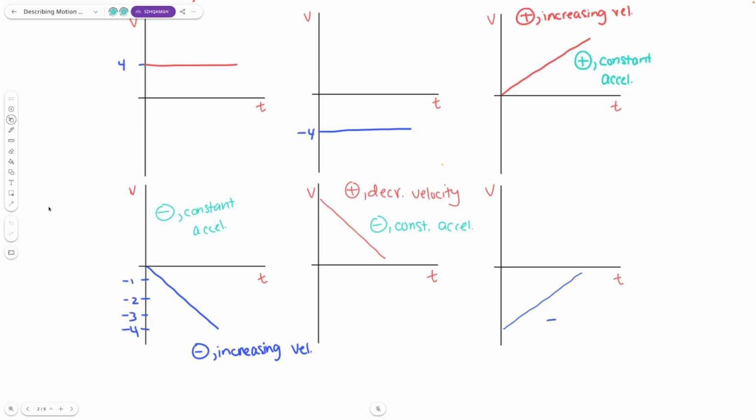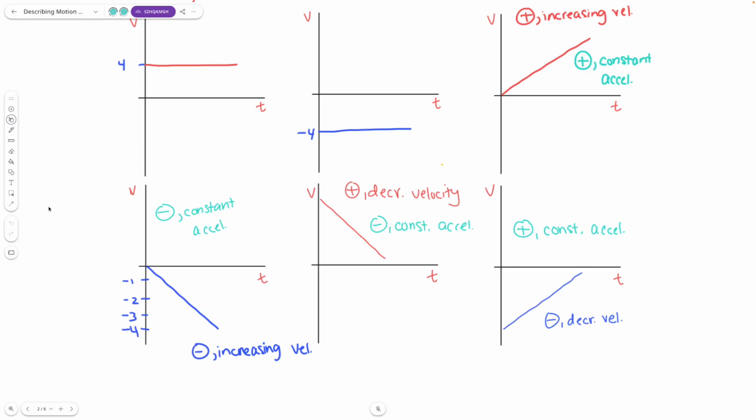So I have a negative decreasing velocity, and when I'm describing my slope, I'm describing acceleration. So I have a positive constant acceleration, okay? This isn't necessarily directly related to graphs, but I'll mention it anyway.